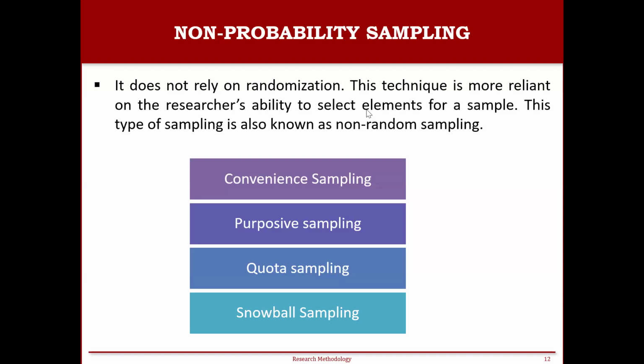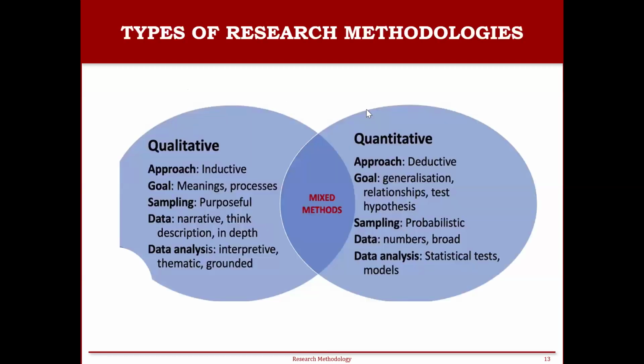That is the difference between quota sampling and stratified sampling. But in both cases, we divide the population into subgroups based on the characteristics they have. And we have a snowball sampling technique as well.